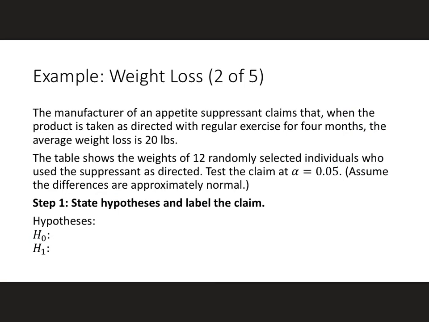Now we're going to write our hypothesis. So we're going to write this as mu sub D equals 20, and this is their claim. Okay, so why is it equal to 20? Because we're saying the average weight loss is 20 pounds. So then that means mu sub D not equal to 20 is our alternative hypothesis.